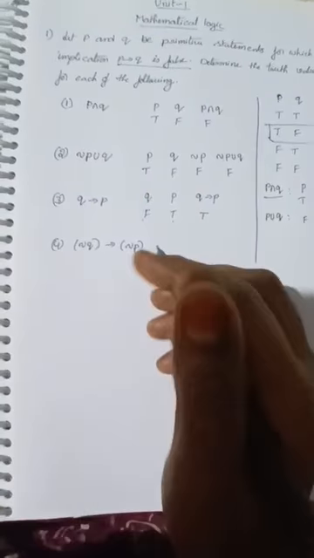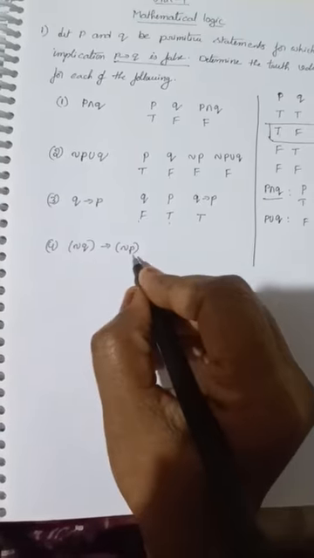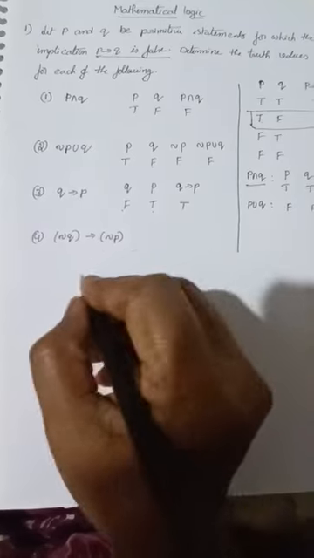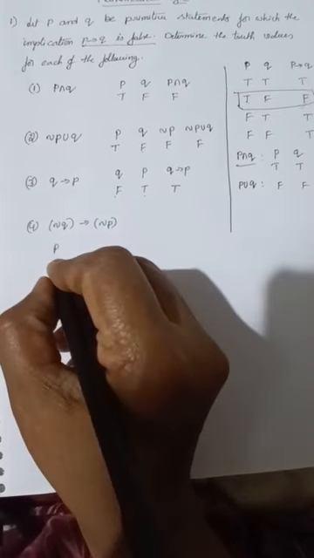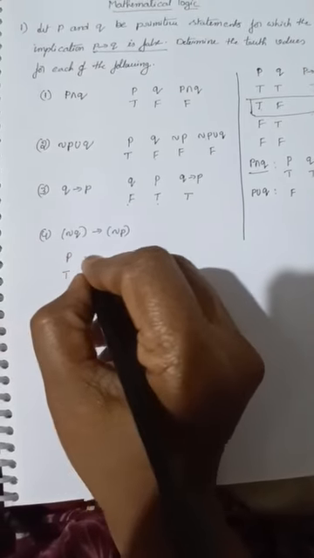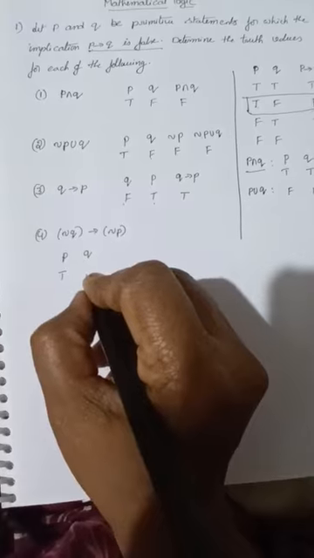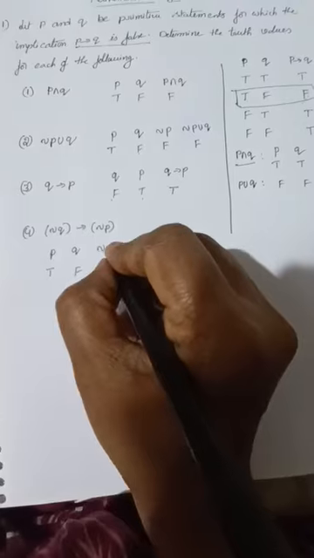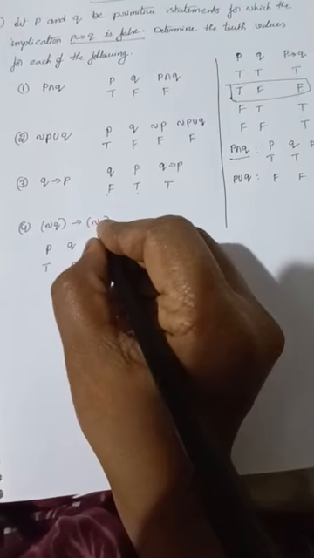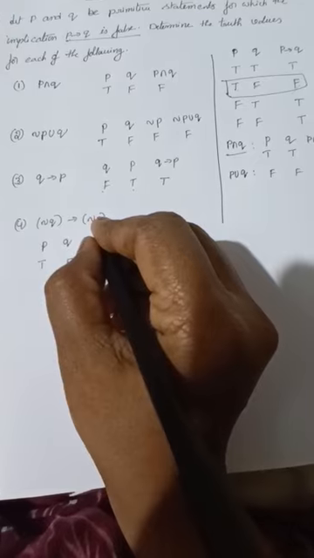And fourth bit, negation Q implies negation P. Again I will write P truth value. It is true and Q is equal to false, right? So negation Q I will write first because negation Q implies negation P, they asked na, due to that reason.